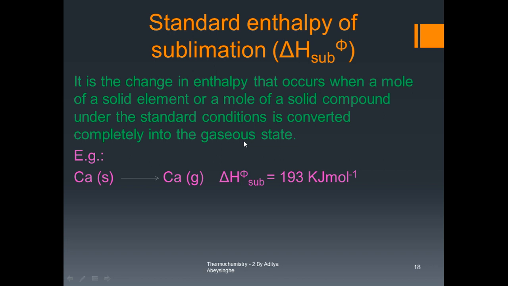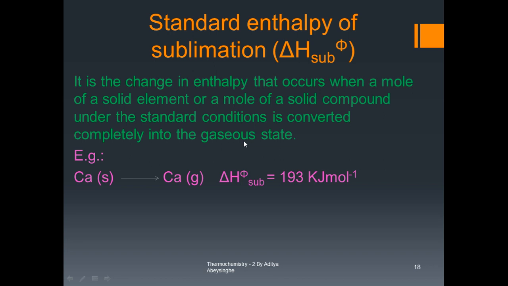So the heat or the enthalpy required to change 1 mole of a solid element in its standard state to 1 mole of the same element in the gaseous state is called the standard enthalpy of sublimation. You can define it as the change in enthalpy that occurs when a mole of a solid element or a solid compound under the standard conditions is converted completely into the gaseous state.